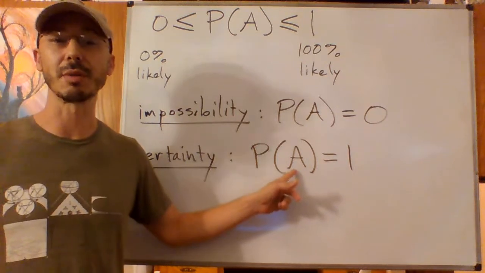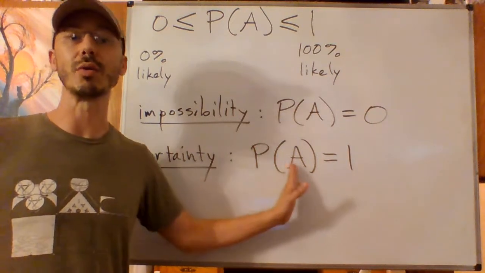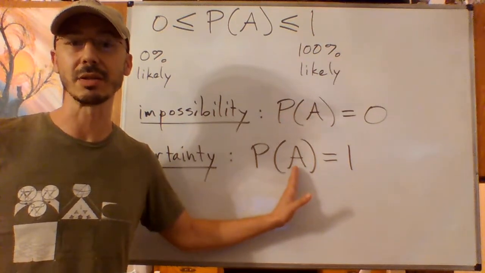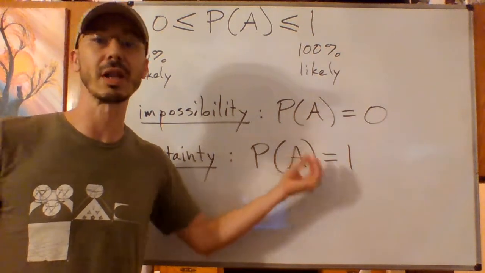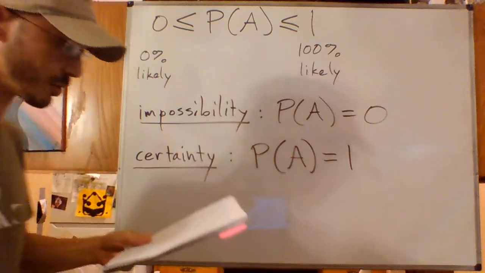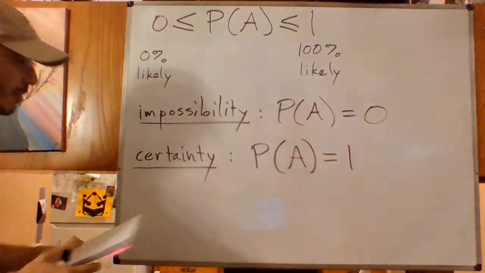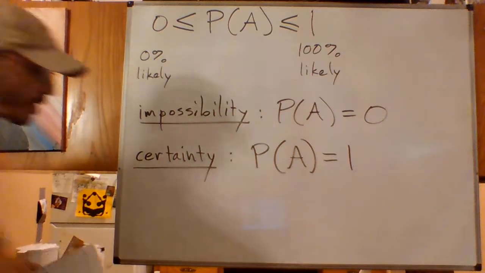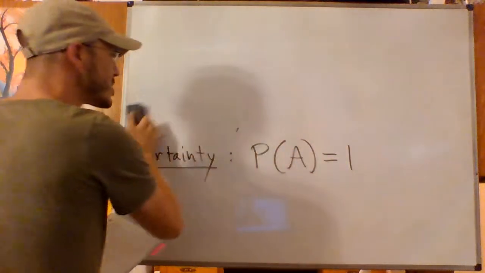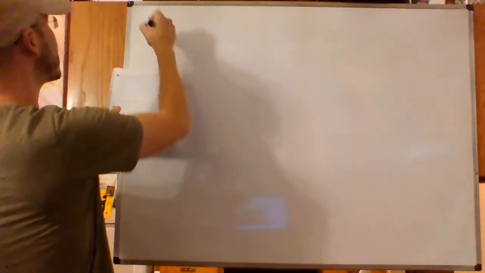For example, if you took the probability of the whole sample space, one of those things has to happen. So the probability of the whole collection of things, one of them happening, is 100% or 1. Right. So probability is a number between 0 and 1, and it describes the likelihood of something happening.